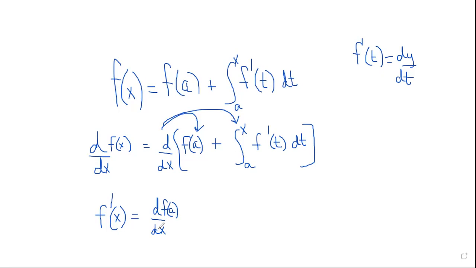The function evaluated at A acts like a constant if you're looking at x motion, the variation of x. F of A just stays still. So this is 0. I'll just leave it blank, we don't need to write a 0 and clutter our board.